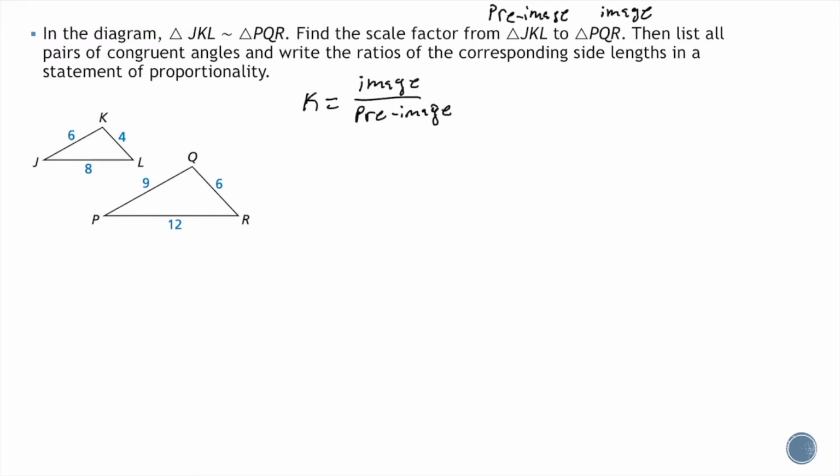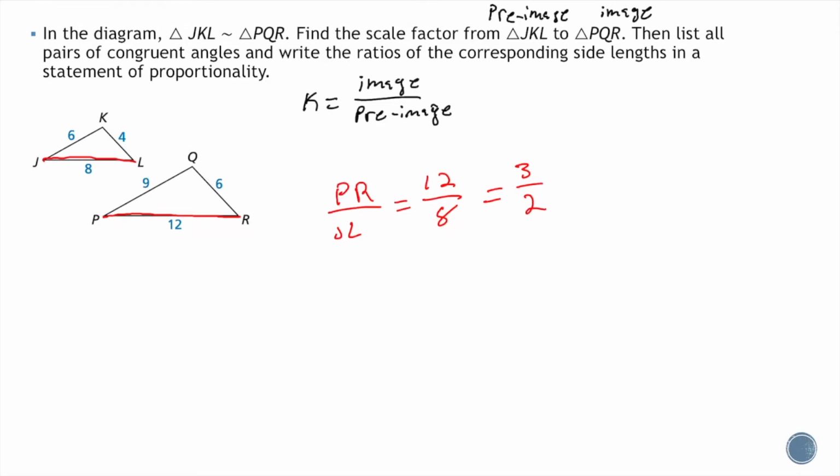So let's take a look. Choose a different color. That means that our image, PR, is divided by our pre-image, JL. And that is 12 divided by 8, reducing this down to 3/2.